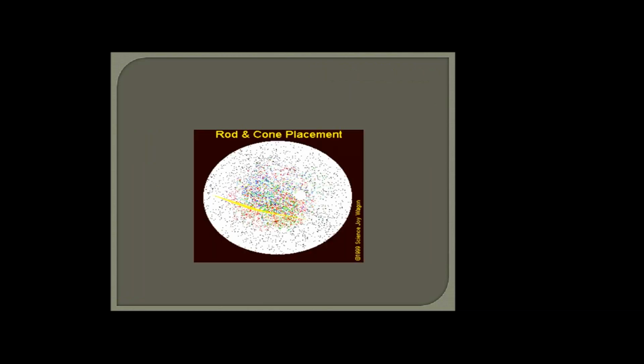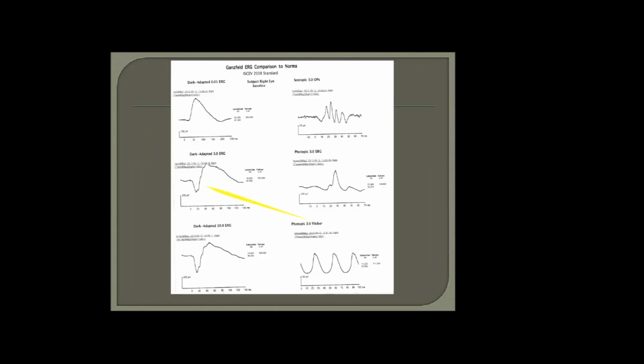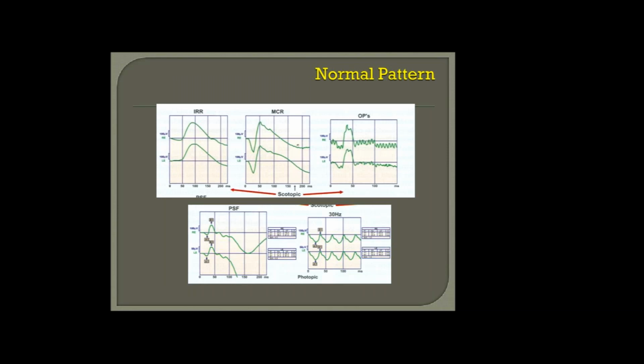So this is the normal overview of the overall flash ERG. That differs from machine to machine. The style may not change much, but the shape or the pattern may deviate a little.